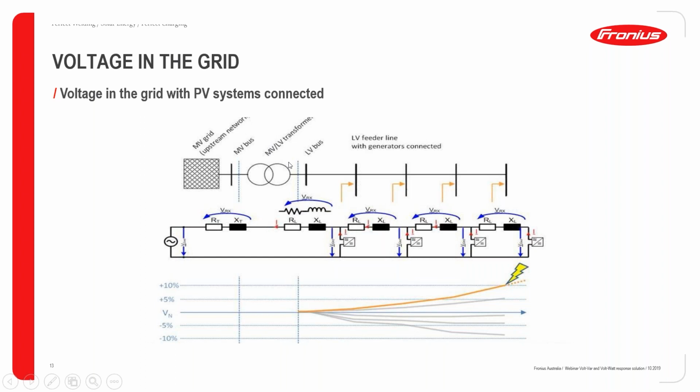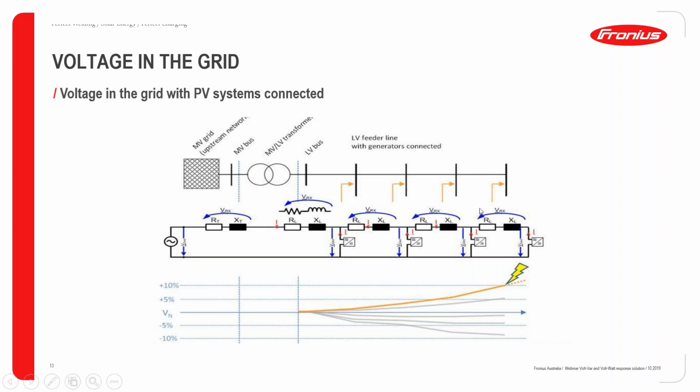What's happening at the moment is whenever we have PV systems connected to the grid lines, we get a voltage rise on the grid line. The reason is that the inverter has to increase its own voltage to send the energy back to the grid.